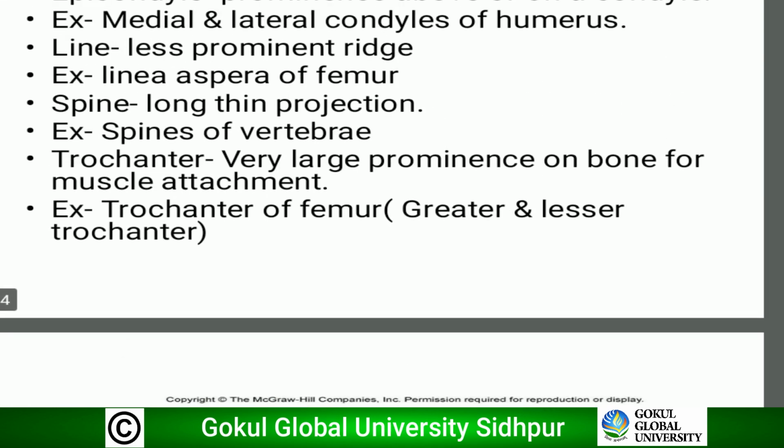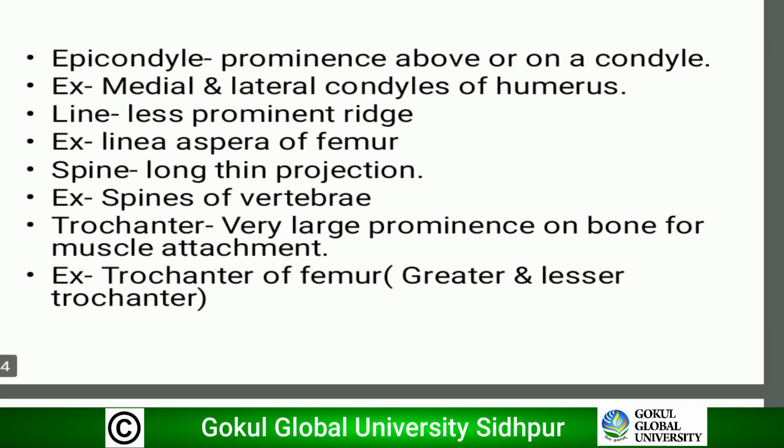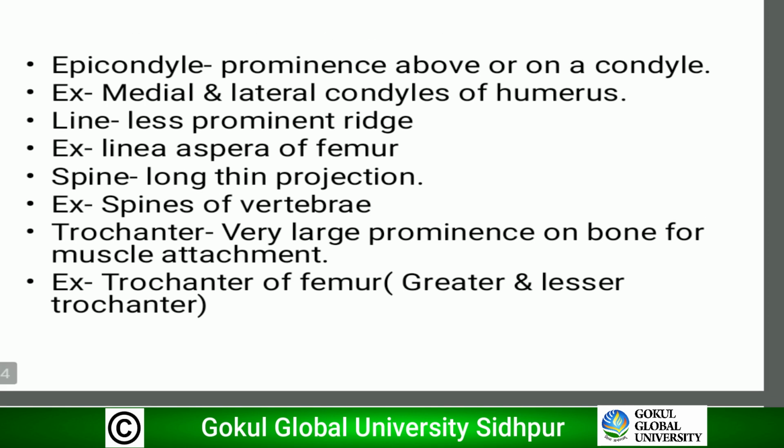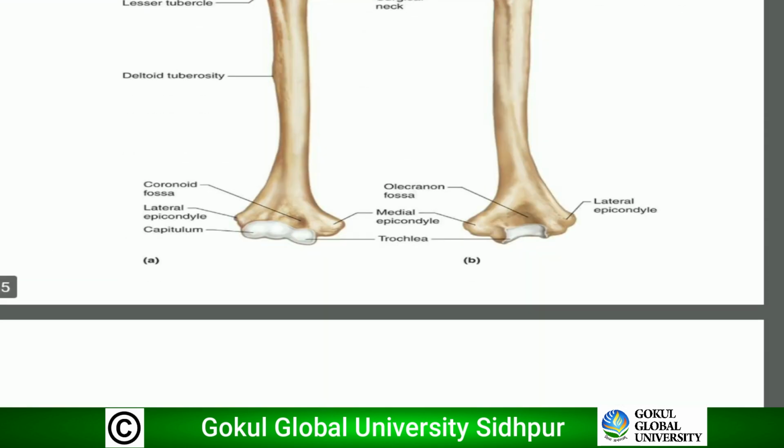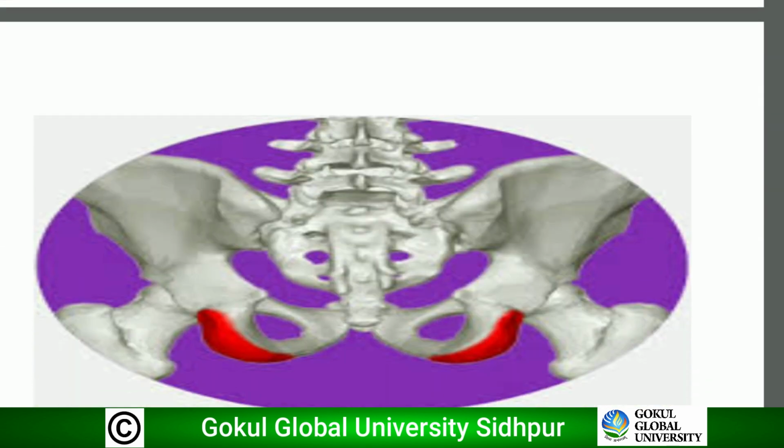In the hip bone I will show the anterior superior iliac spine and posterior superior iliac spine. Again, in the diagram of a lumbar vertebra, the projecting part is termed the vertebral spine.